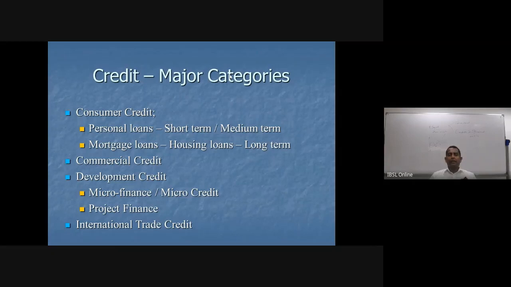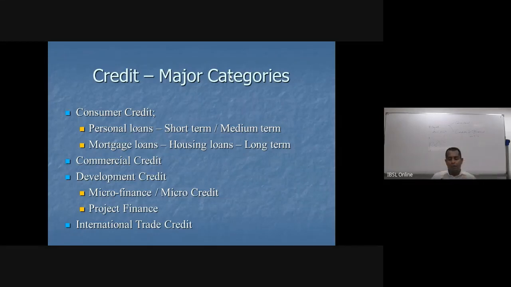Consumer credit, as I told you earlier, is personal loans, short term, medium term, and mortgage loans, those are housing loans. Commercial credit is the funding given for day-to-day working capital. Development credit is microfinance, microcredit, and project financing.